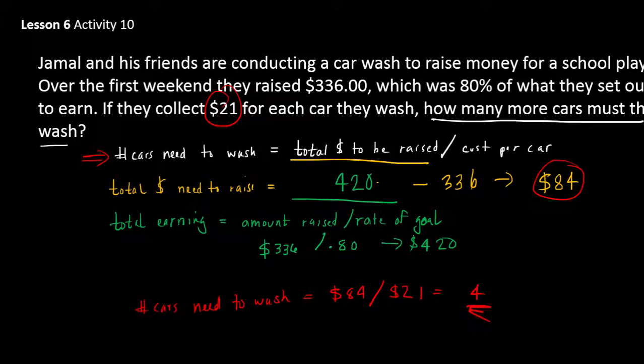Now, when I was writing this, I know it might have been a little confusing to see, well, where did you get these equations from? How did you know to set it up like that? It looks like I just pounded it out, boom, boom, boom. Of course, it takes a little bit of consideration, maybe some trial and error to figure stuff out. So you probably would have known, okay, well, they collect $21 per car. How many more do they need to wash?